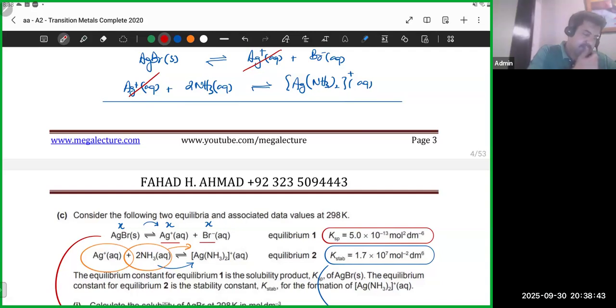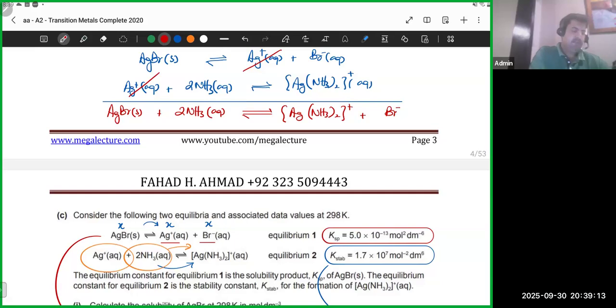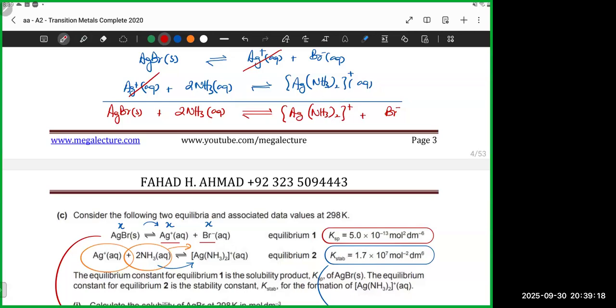So what you're left with is AgBr solid plus 2 NH3 aqueous, and on the product side, it's going to be Ag(NH3)2 plus Br-1. TK, is this clear? That's the overall reaction. Yes, sir.